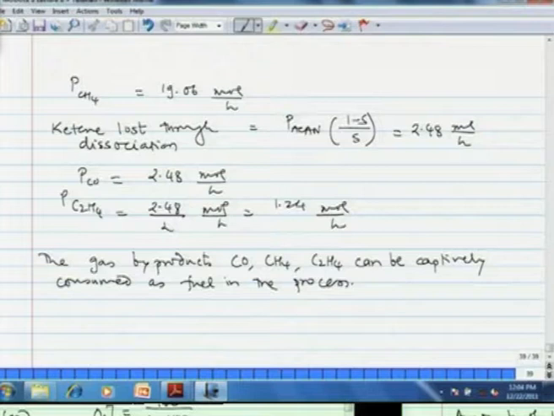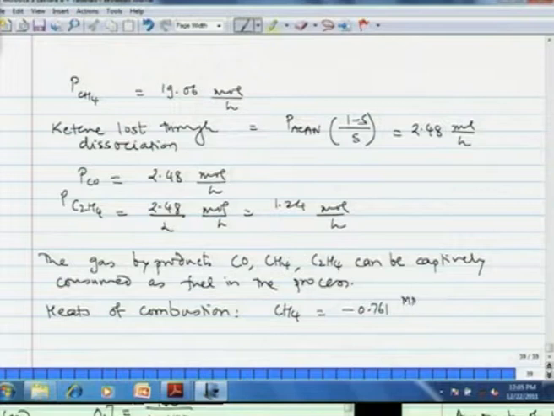But before we do that, we have to see the heat of combustion of these gases. For methane, the heat of combustion is minus 0.761 million BTU per mole.